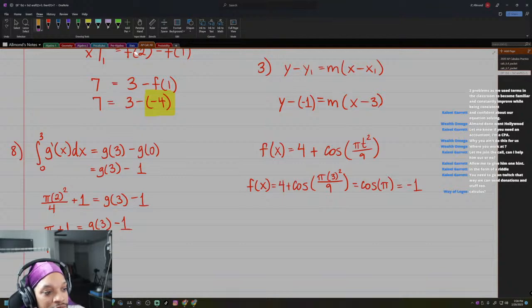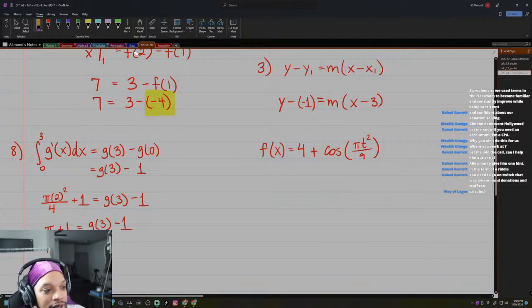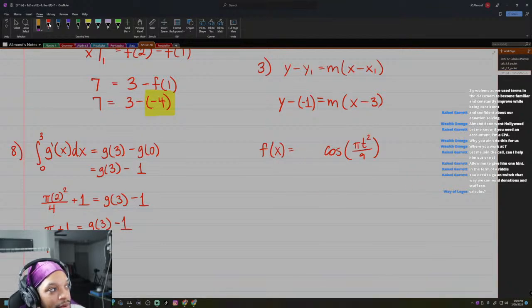Wasn't there more to it? No, it just says integral of 3 to x cosine. Yeah, we need the integral part. It was 4 plus the integral from 3 to x of cosine. Okay, so wait.